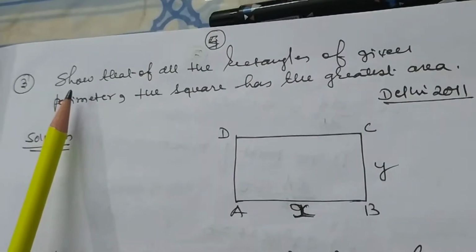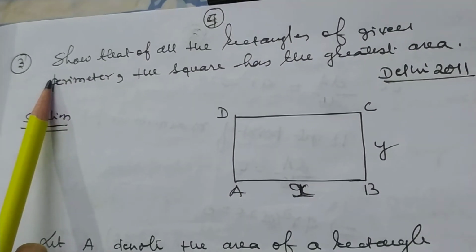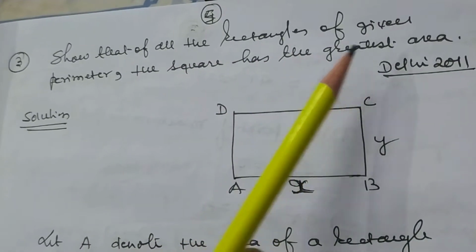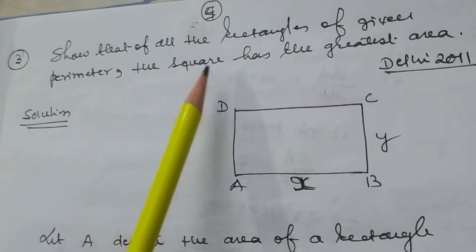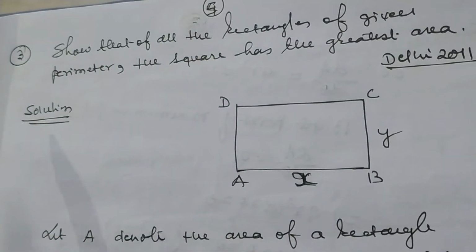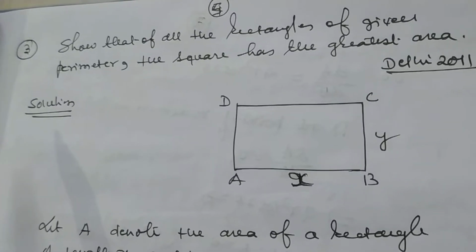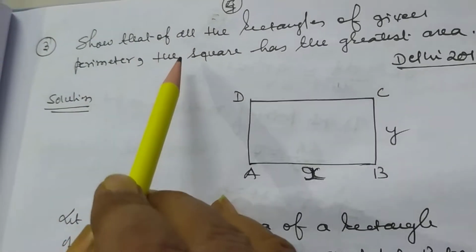Now I want to solve problem number 3 of the study material. Prove that of all the rectangles of given perimeter, the square has the greatest area. My dear student, you first read the problem and see what you have to show. The answer is hidden in this problem.